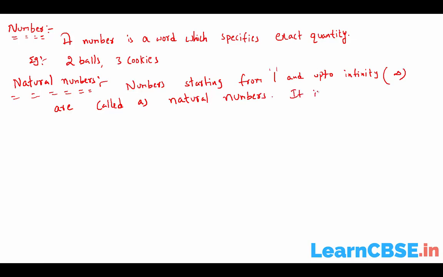They are denoted by capital N. Infinity means you cannot count a maximum number. So we can say like this: 1, 2, 3, and so on up to infinity. N is the set of numbers starting from 1 to infinity.